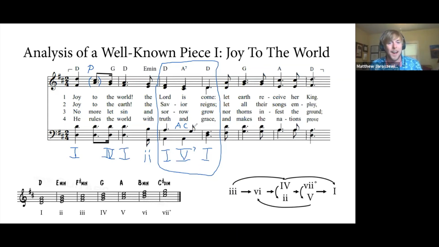And oftentimes, if it's moving in the same direction between two notes that bridges the gap between two harmonies that do make sense, in this case, the 1 going to the 4, then you can call it a passing tone. I hope that helps.